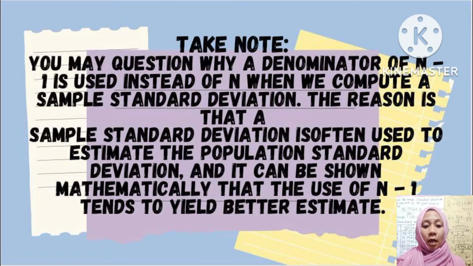Take note, you may question why the denominator of n minus 1 is used instead of n when we compute a sample standard deviation. The reason is that a sample standard deviation is often used to estimate the population standard deviation, and it can be shown mathematically that the use of n minus 1 tends to yield a better estimate.